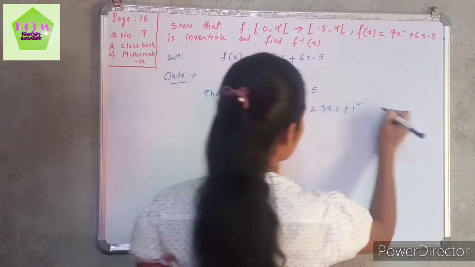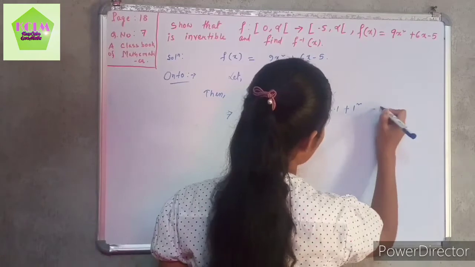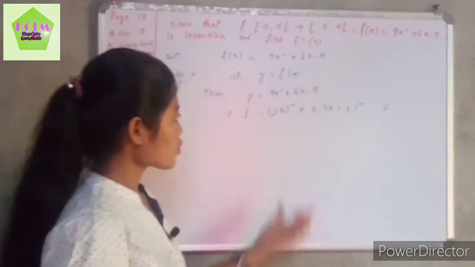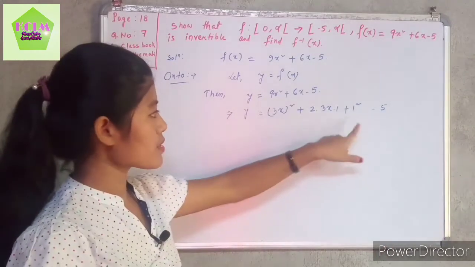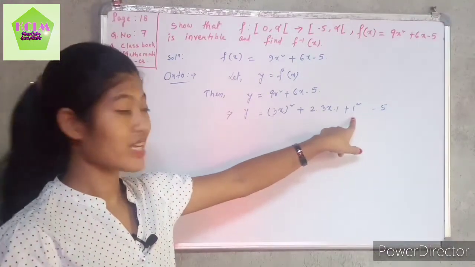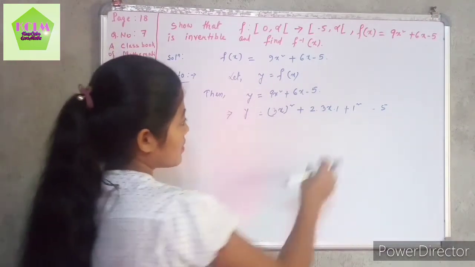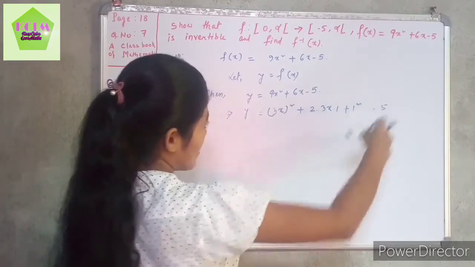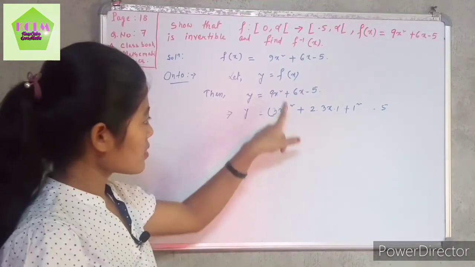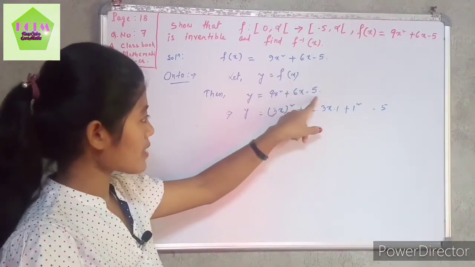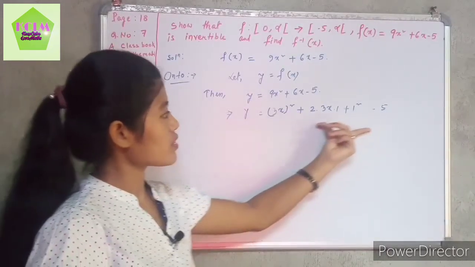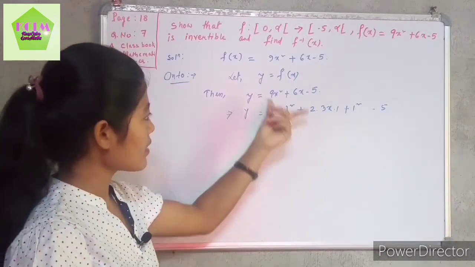But here minus 5 is already there. So in this expression, the extra term is 1 square. We cannot take it as an extra because 9x square plus 6x minus 5 is not equal to this expression, but we need equal expressions.